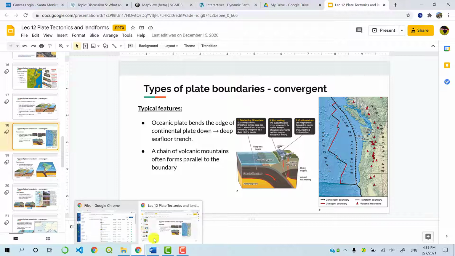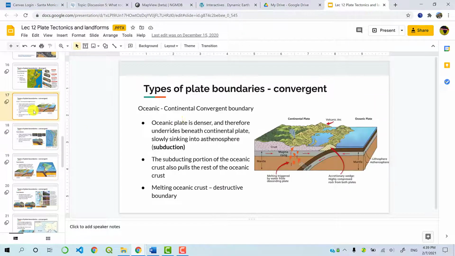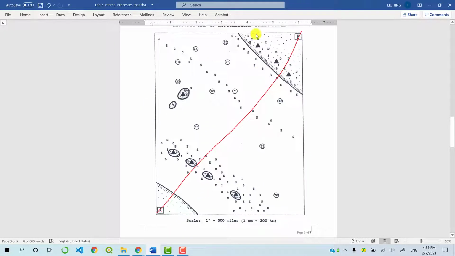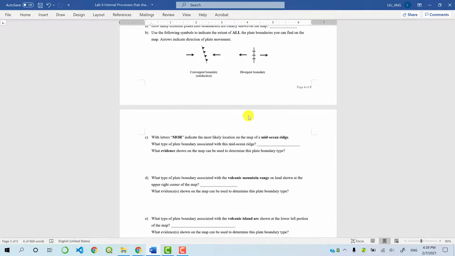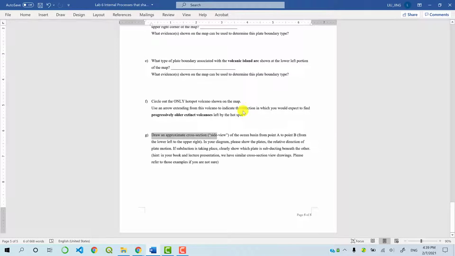So I hope you can refer to those examples to draw a cross section for me for this hypothetical ocean basin, from A to B. This is the land, the ocean here, and this is another land. And read those questions carefully, what I'm asking about.